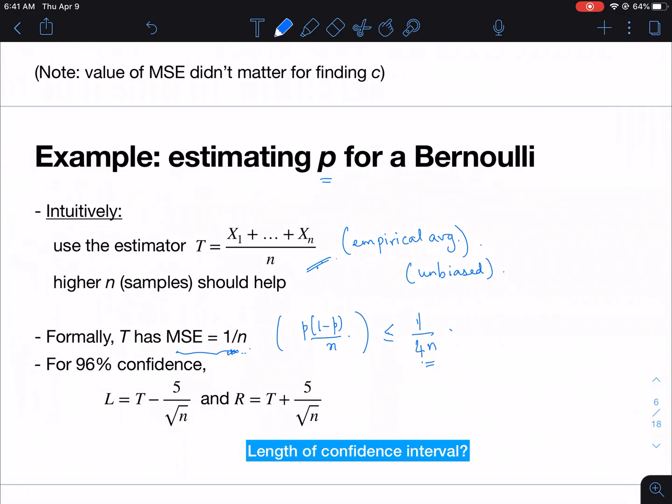Let's plug in C equals 5. You get L being this and R being this, and this is for 96% confidence.